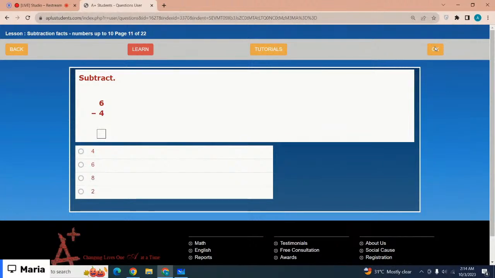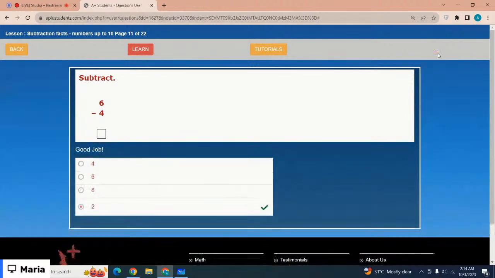The next one is 6 take away 4. So which is the correct option? Very good. The correct option is 2, right?